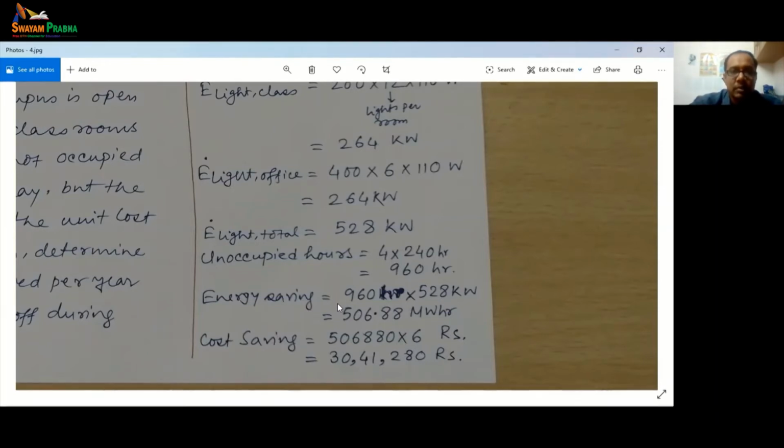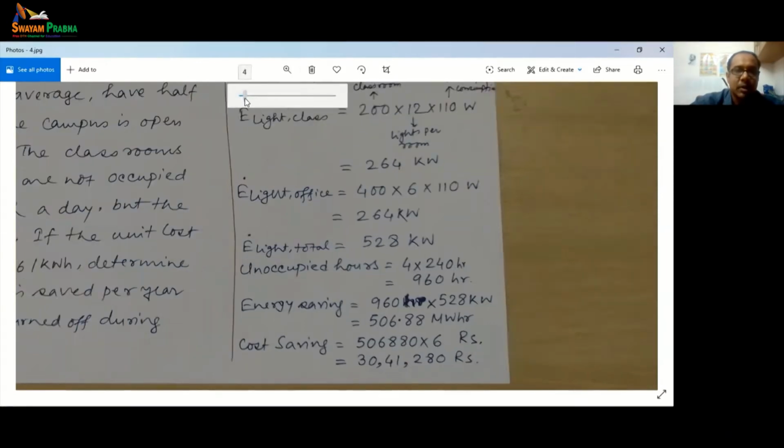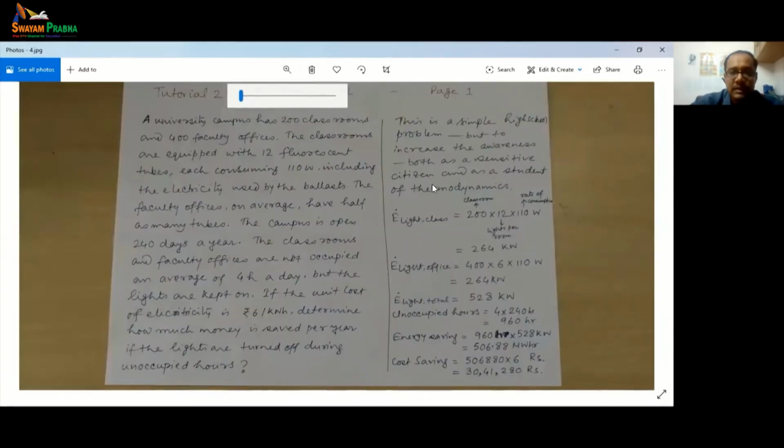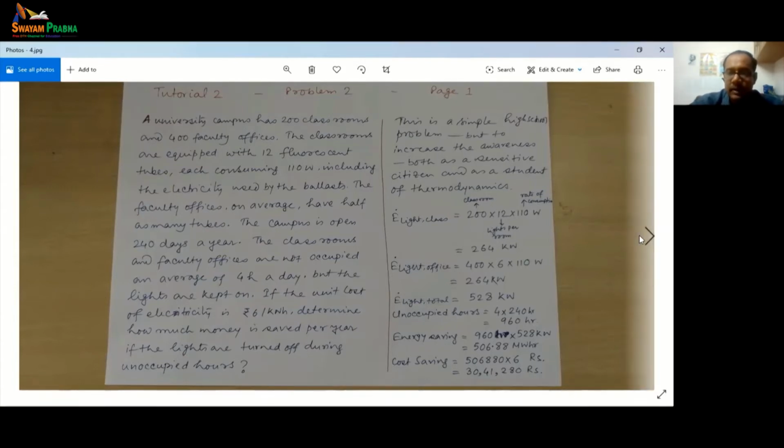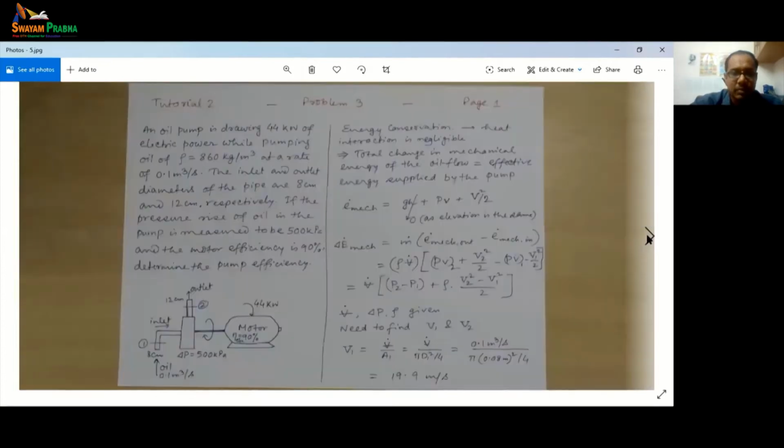So your air will be that much easier to breathe. So please consider this problem the next time you get out of a room which will be unoccupied for several hours, and please remember to switch off the light. Okay, thank you, and let's go to the next problem.